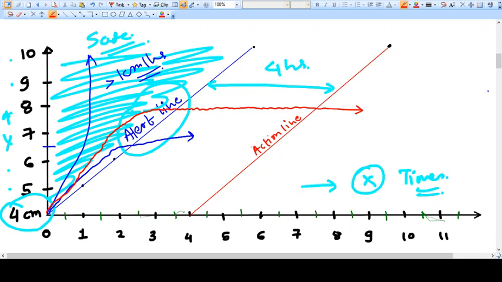So what happens when the labor crosses the action line? When the partogram crosses the action line, that means there are higher chances of arrest of the labor, and it adversely affects the outcome of the labor.